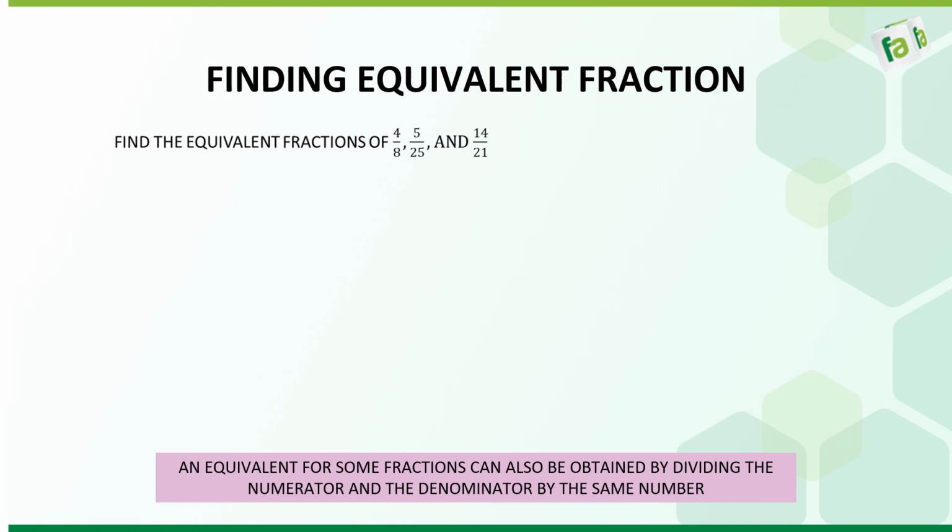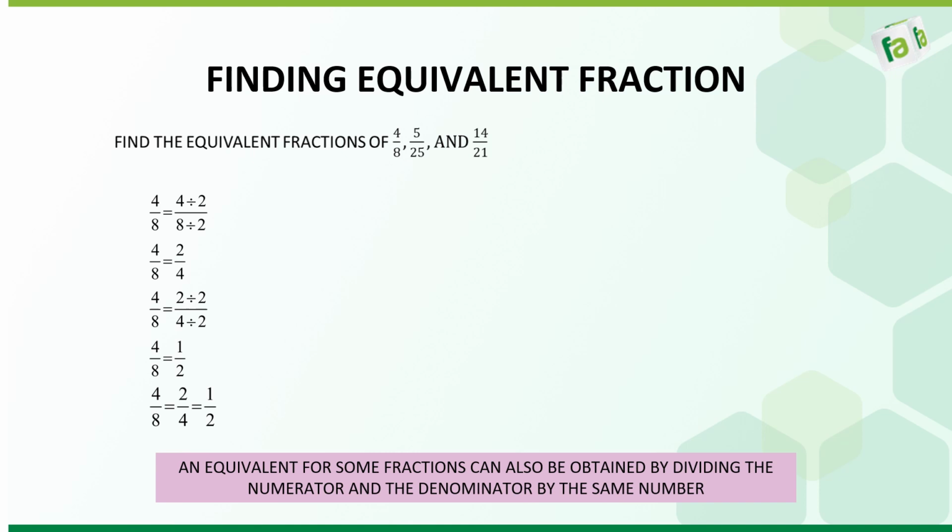So, for 4 by 8, the numerator 4 and denominator 8 can be divided by 2, which gives 2 by 4. By further dividing the numerator 2 and denominator 4 by 2, we get 1 by 2. So, 4 by 8 is equal to 2 by 4, which is equal to 1 by 2.